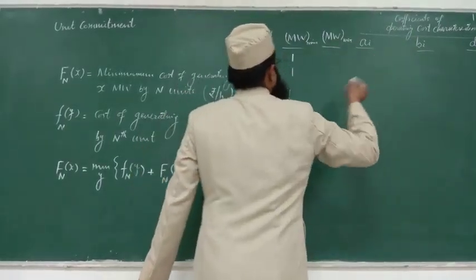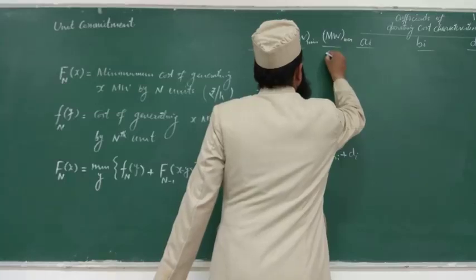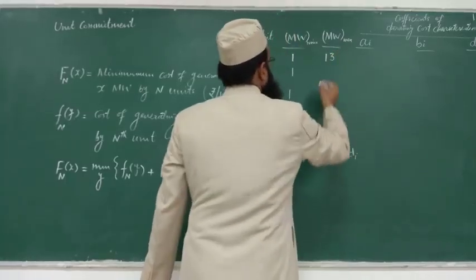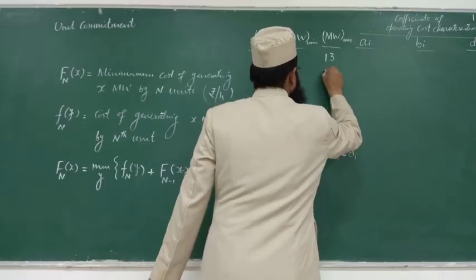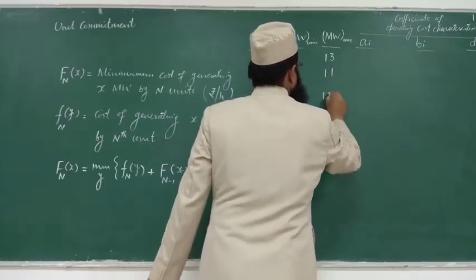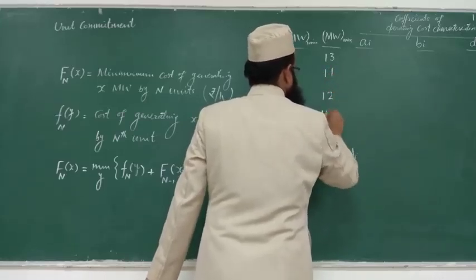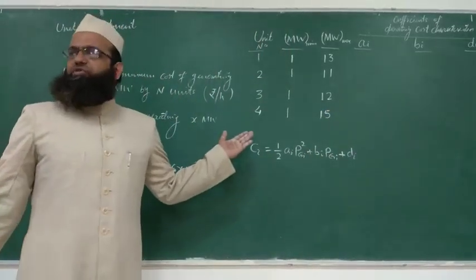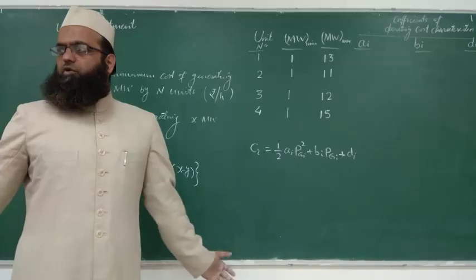And let us assume some maximum values. Okay, let us assume it as 30. Let us assume, okay, 11, let us say 12, let us have 50, whatever. Each unit will have its own capacity, lower limit and upper limit.